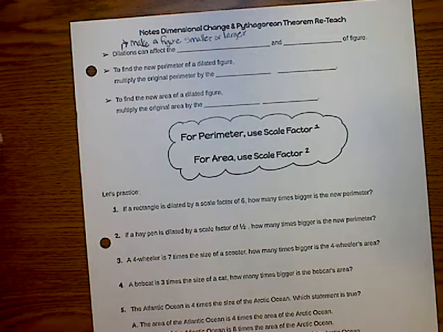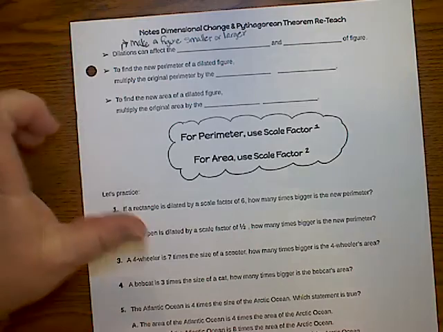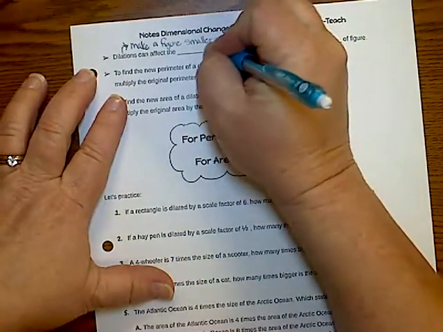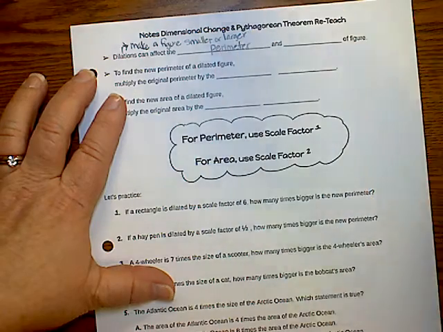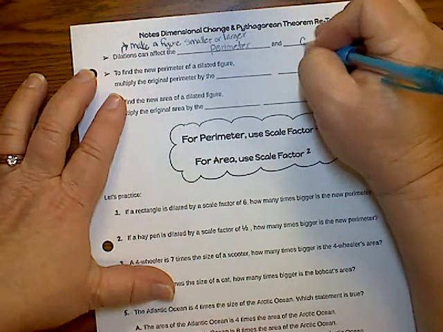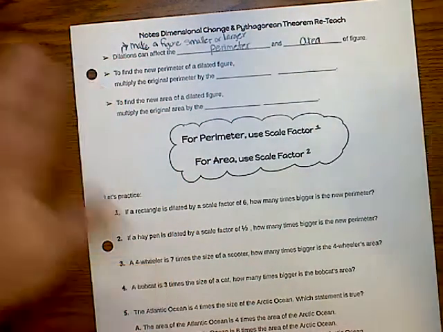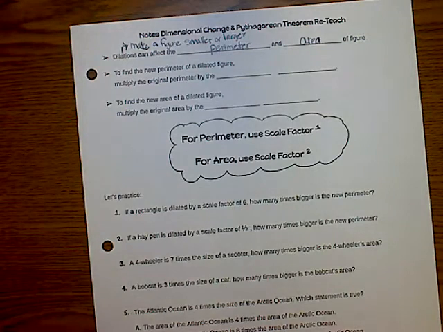So dilations also can affect the perimeter and area of a figure. And when we say perimeter, we're really talking about the side lengths, okay?